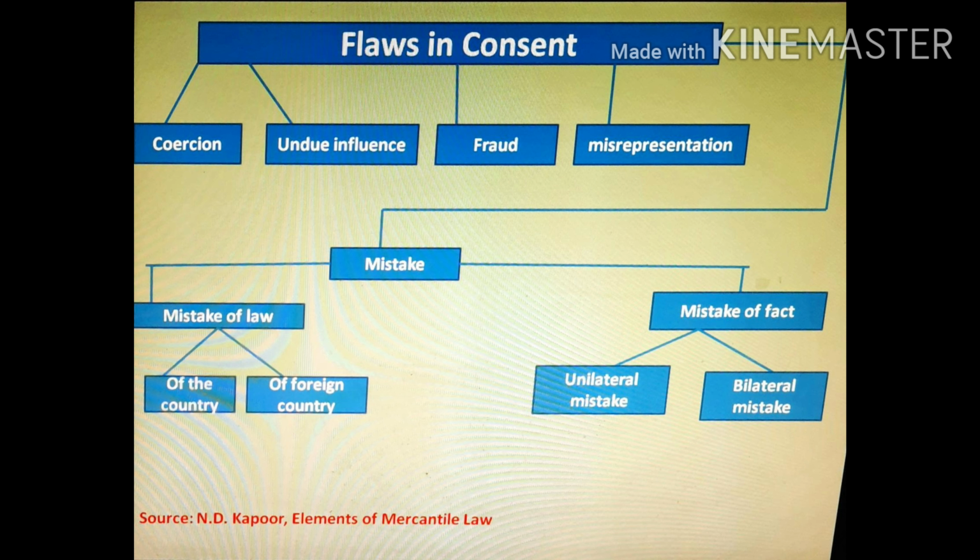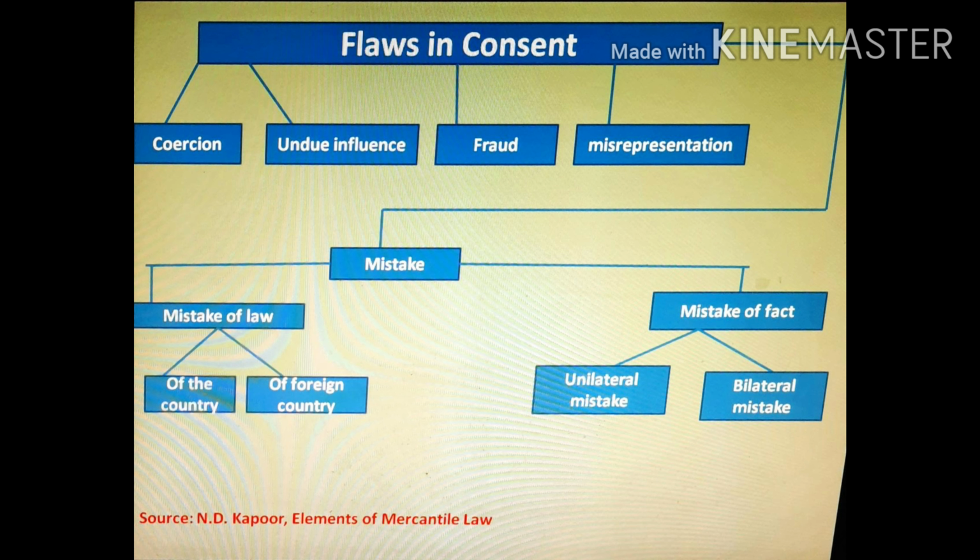Next, if only one party is committing a mistake, it is a unilateral mistake. It becomes a voidable contract, because the other party is not committing any mistake, right? So unilateral mistake is defined in section 20, bilateral mistake is defined in section 22, and mistake pertaining to law has been defined in section 21 of the Indian Contract Act 1872.